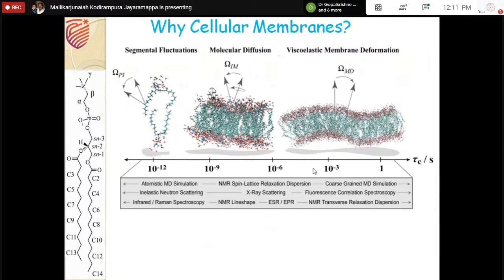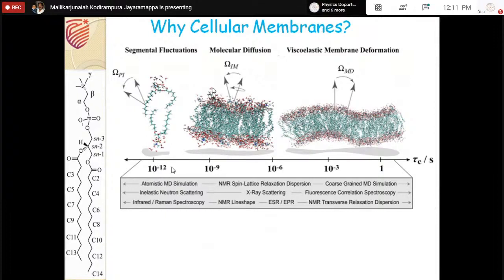The corresponding time scale will be in the order of 10 to the power of minus 3 seconds. Therefore, as you might be wondering, the time scale of motions occurring within this lipid membrane system varies from one end to the other, from 1 second to 10 to the power of minus 12 seconds.